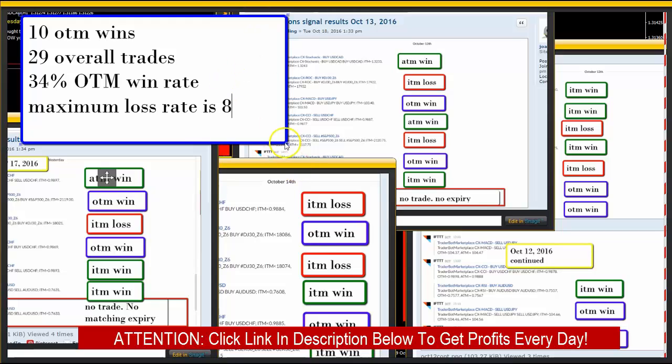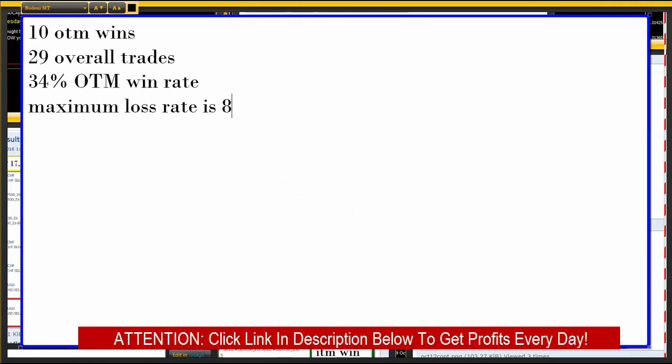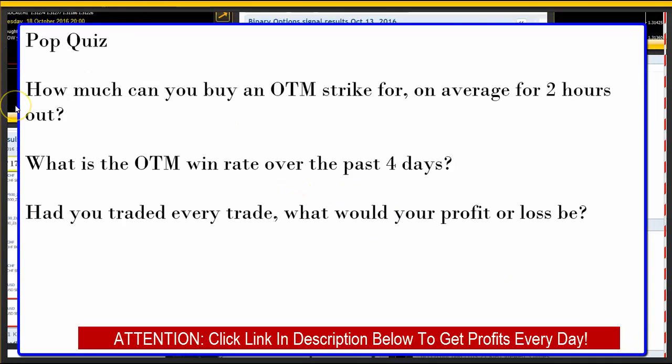Okay, time for a quiz, just so you're on the same page. How much can you buy an OTM strike for on average for 2 hours out? 10 to 20 bucks, about 15 is what we're looking for. What is the OTM win rate over the past 4 days?